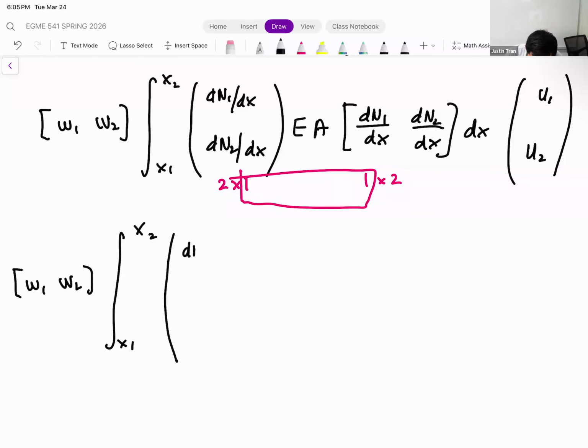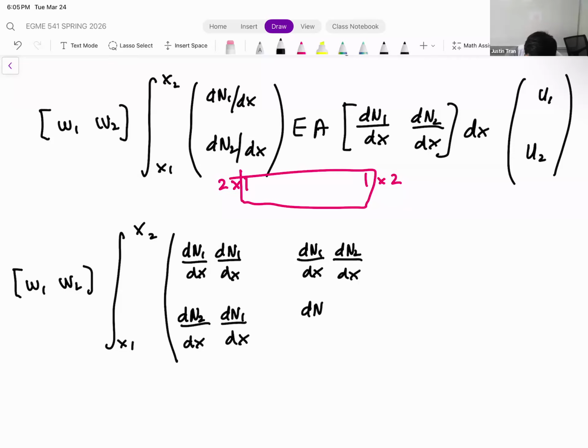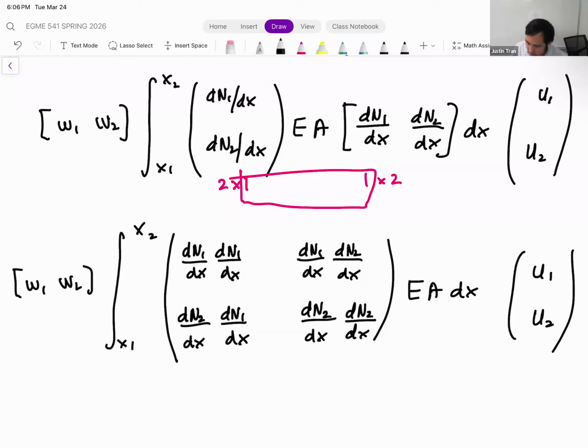The top left is dN1/dx times dN1/dx, the top right is dN1/dx times dN2/dx, the bottom left is dN2/dx times dN1/dx, and the bottom right is dN2/dx times dN2/dx. And then we're still multiplying by E times A dx.